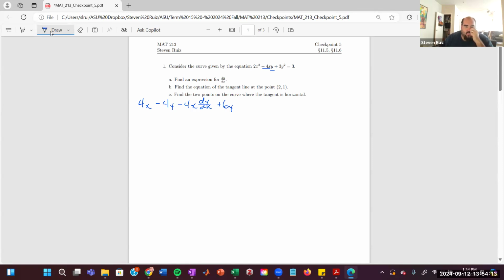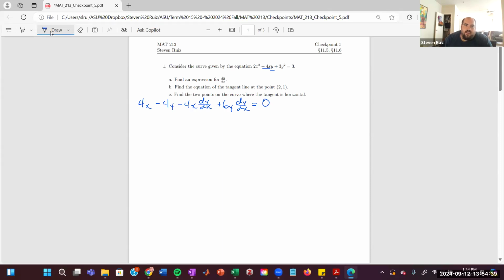But we have to treat y as an inner function, so now we take the derivative of that inside function y. Again, what's the derivative of y with respect to x? We call that dy dx. So I think we're done taking the derivative of everything on the left-hand side of this equation. Next, we take the derivative of the right-hand side. The derivative of 3, that's a constant, so we get 0.